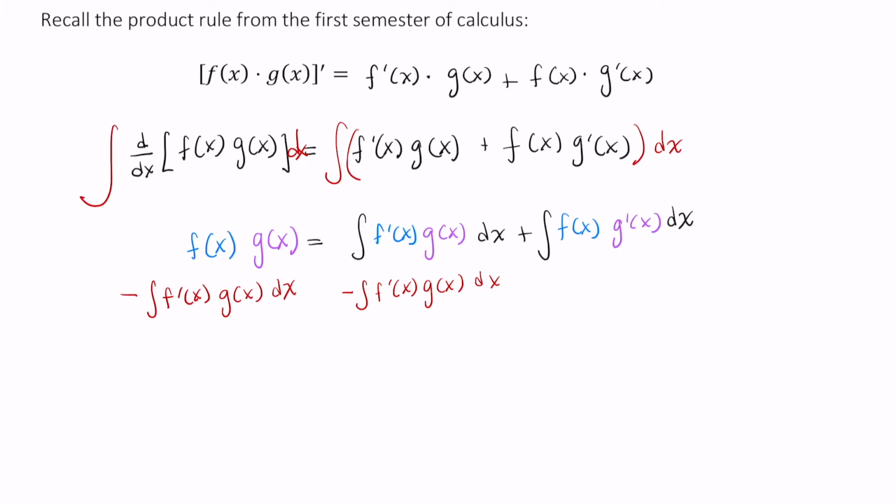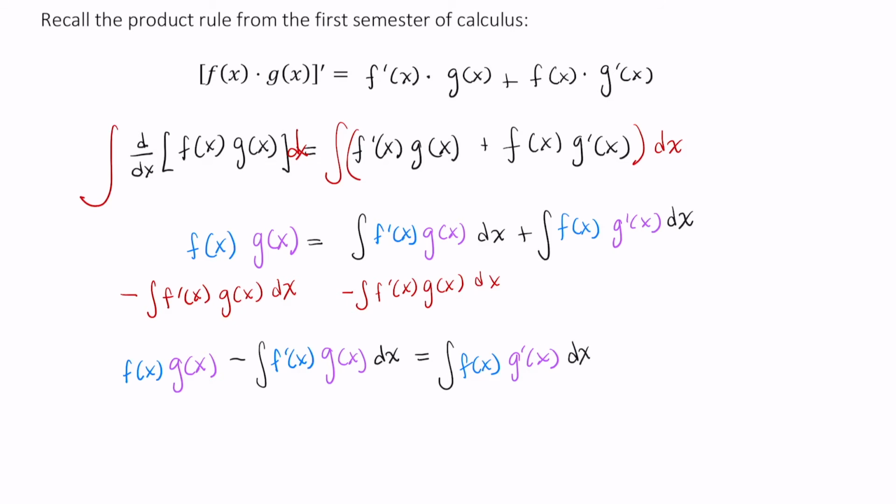On the left-hand side here, we end up with f of x, g of x, minus the integral of f prime of x, g of x with respect to x. And on the right side, all you're left with is the integral of f of x times g prime of x times dx.